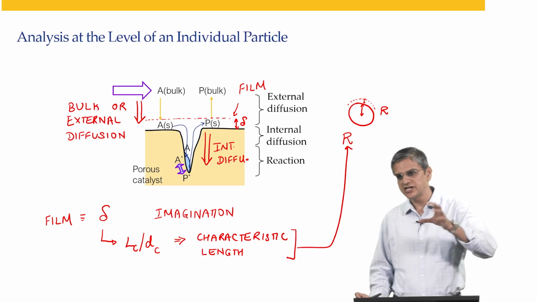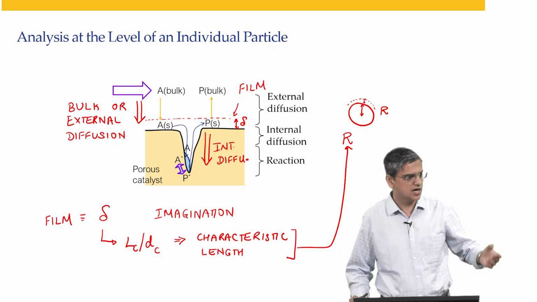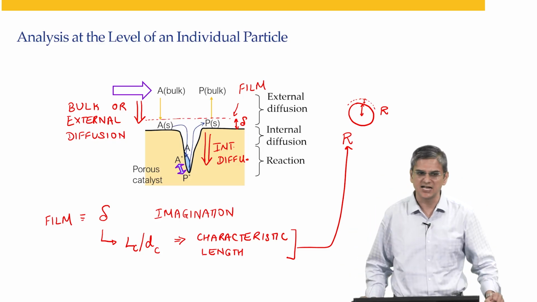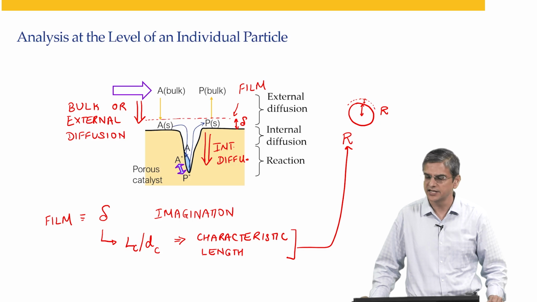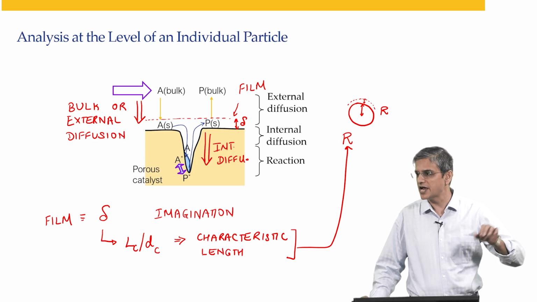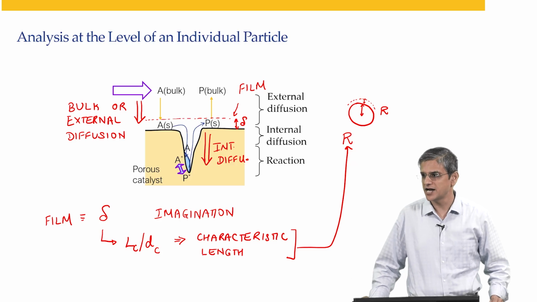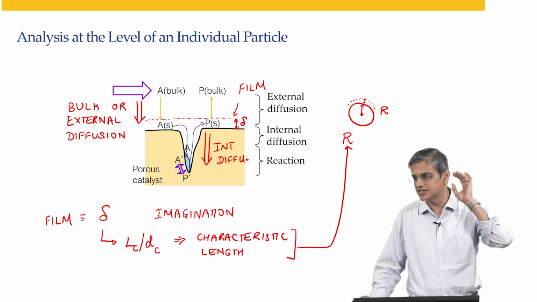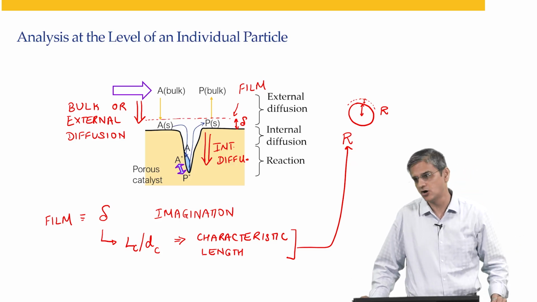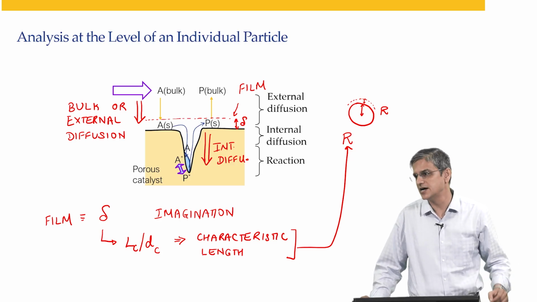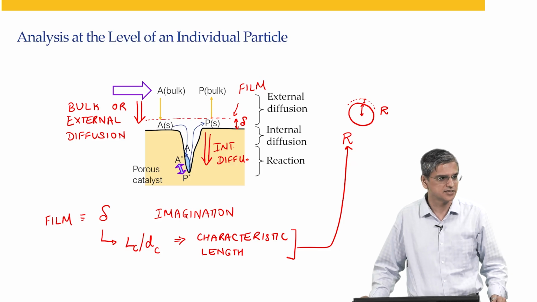So, if it is a spherical particle, we will take capital R as the characteristic length. If it is a slab, thickness of the slab we will take as a characteristic length. If it is a tubular reactor, remember I had talked about for example, a monolith reactor. So, you have channels that are say 1 millimeter in diameter or 0.9 millimeters in diameter, we will take the diameter of the channel or the hydraulic diameter of the channel as the characteristic length.